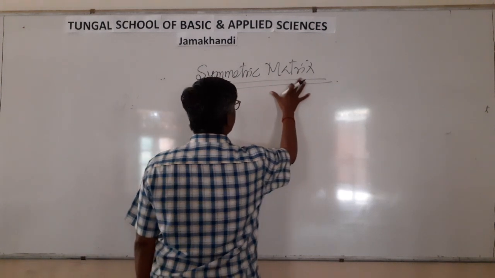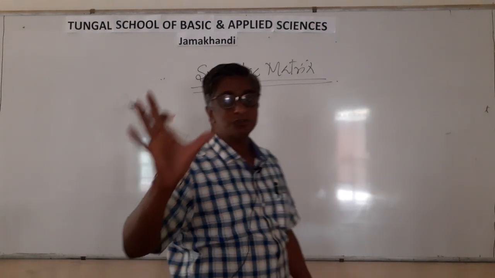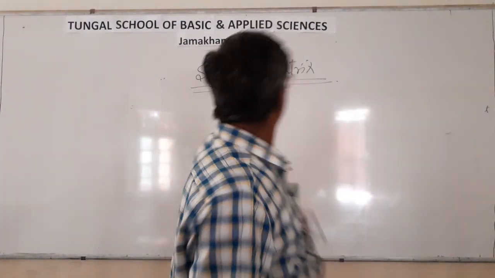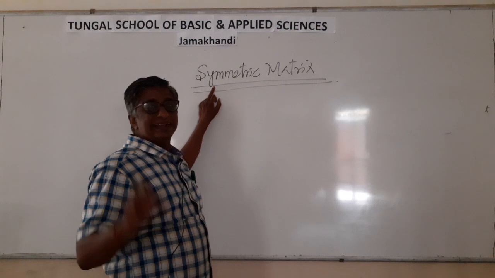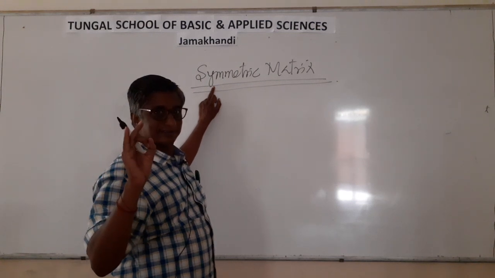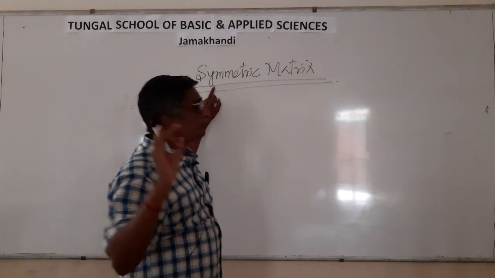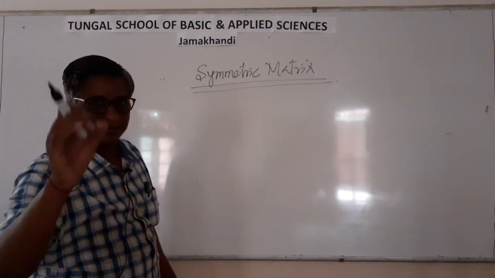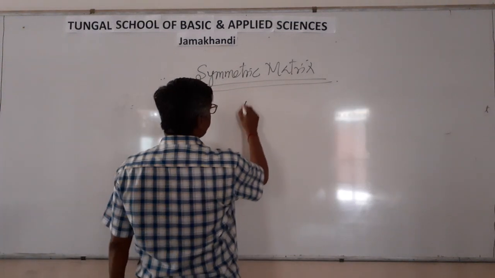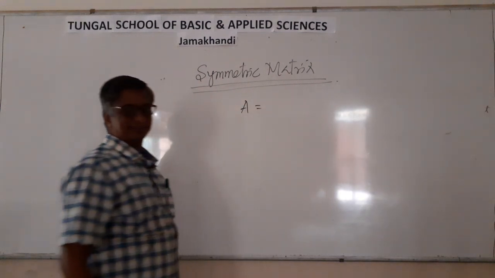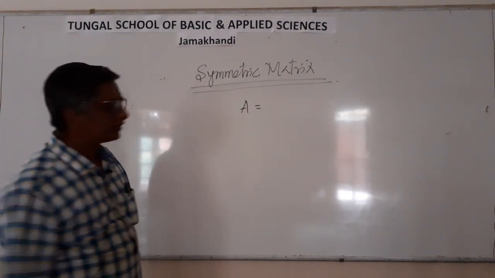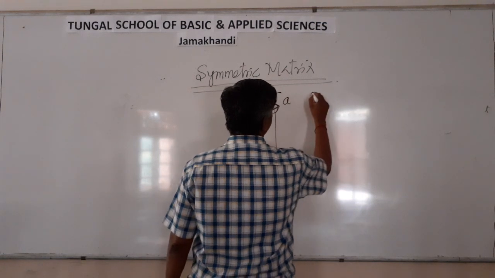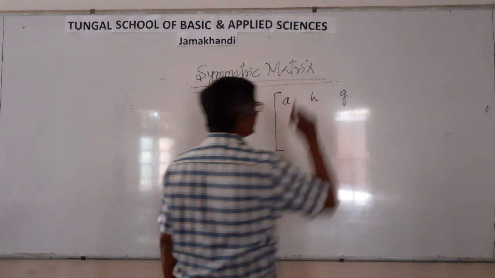A symmetric matrix must be a square matrix. Very important point. Do you understand this point? First I will give some example. Symmetric means what? If A is a matrix of order 3 into 3, A, H, G.